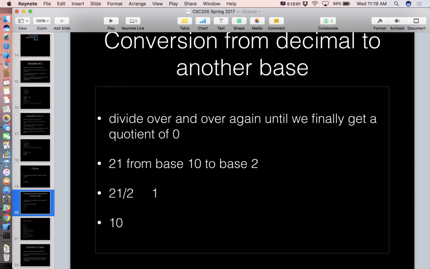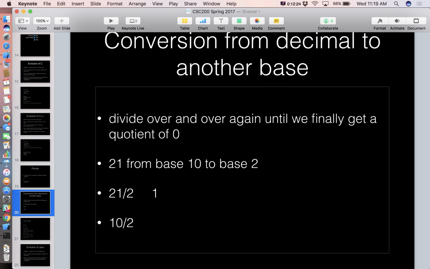So 21 divided by 2 is 10, remainder 1. Make sense? I'm recording my quotient here and the remainder here. Then we keep going, over and over again, until our quotient finally reaches 0. So we're not 0 yet.